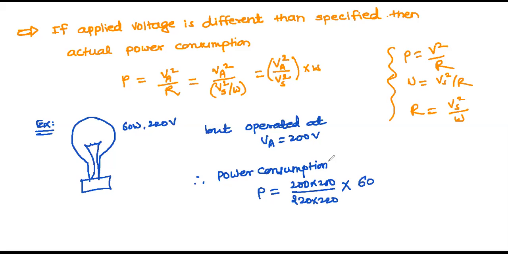So you write here 220 into 220, and the wattage is 60. Do this, how much are you getting? These two zeros will get cancelled with these two zeros and you are getting 200 into 2 into 60 divided by 22 into 22. Now do this and check how much your power consumption is.